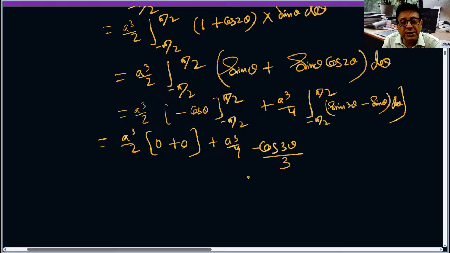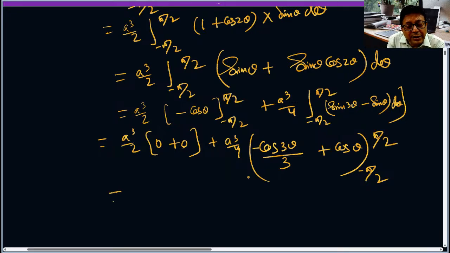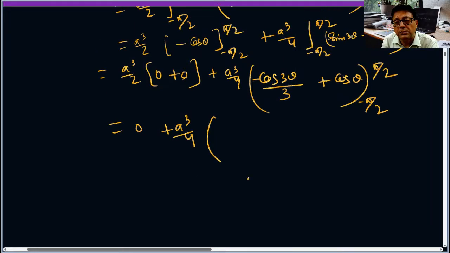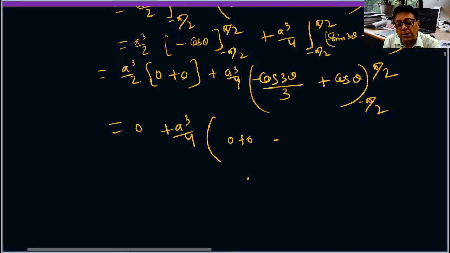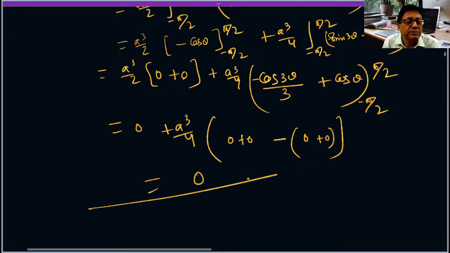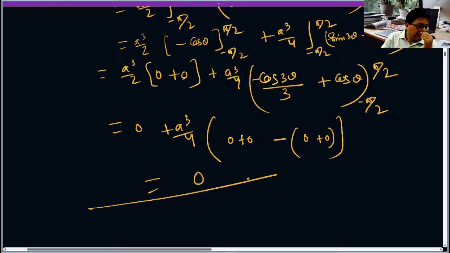Minus cos 3 theta by 3. So 0, a cube by 4, cos 3 pi by 2, that is 0, cos pi by 2 is 0. This minus again it is 0, this is also 0. So the answer is going to be what? 0 only. Clear? The answer to this integral is 0.